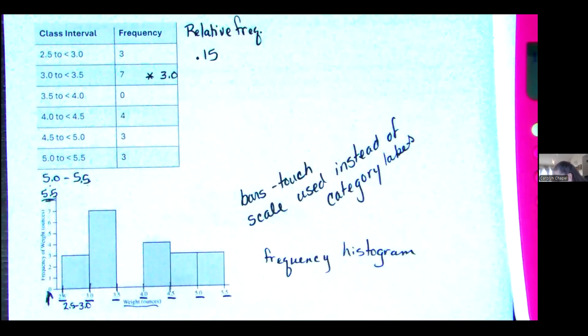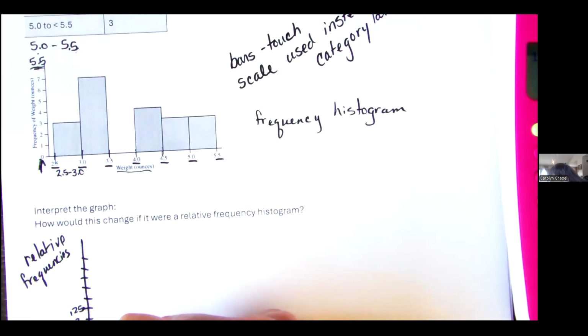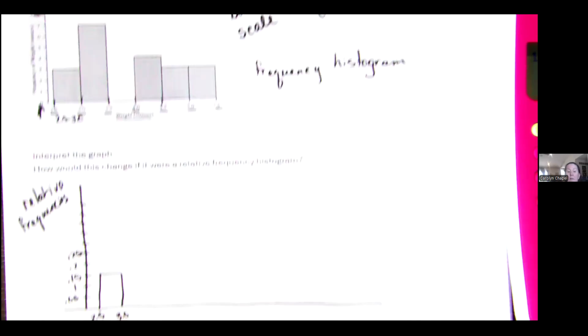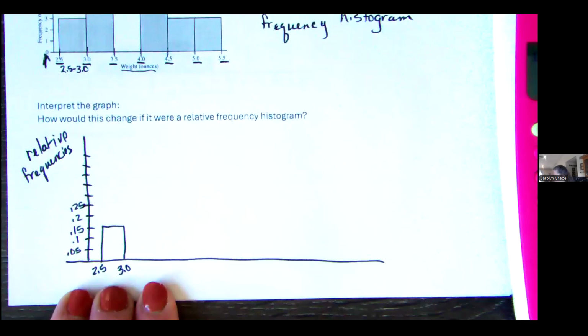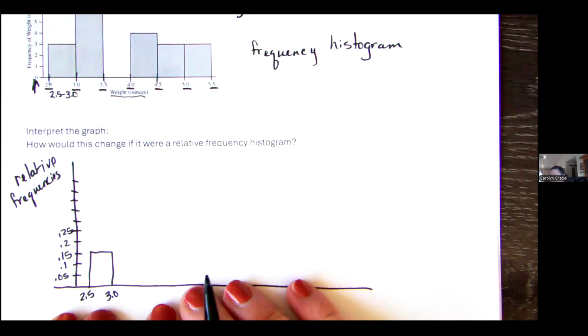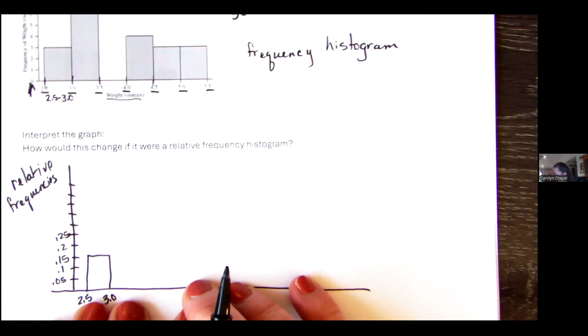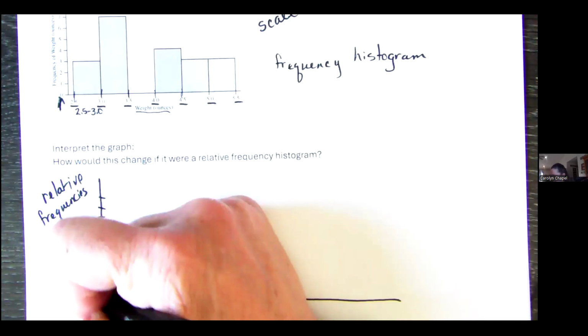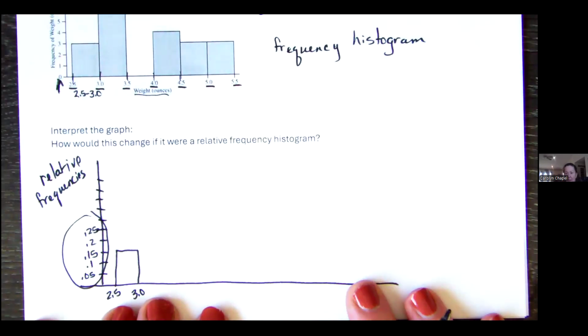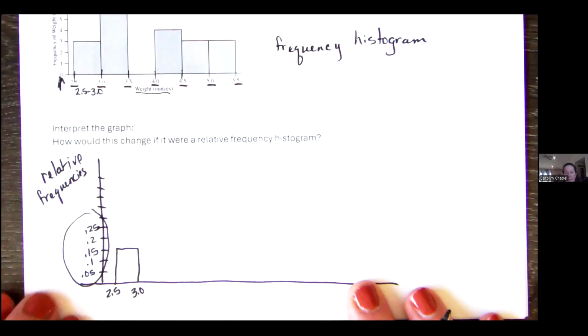That will tell me that that first bar, so here's my 2.5, here's my 3.0, again, we'll still label the bottom as it was above here, and we'll have that bar at 0.15. The graph will look exactly the same as this graph. The only difference will be how we have the side labeled. The y-axis is just labeled with the relative frequencies instead of the frequencies.